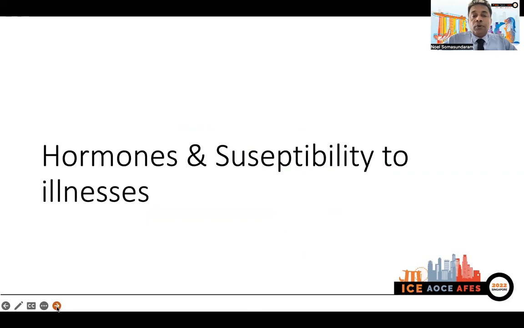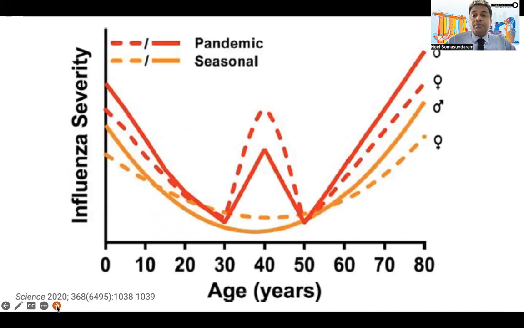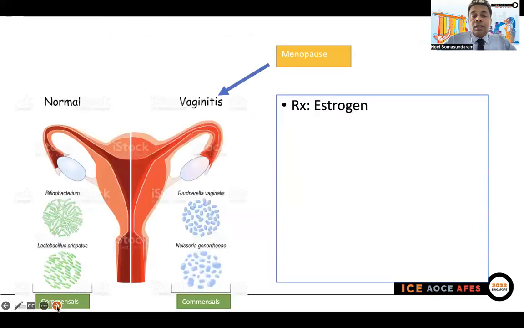Moving on to hormones and susceptibility to illnesses, we know that men are more vulnerable to, for example, influenza or COVID than women. Estrogen tends to be protective. In this cartoon, you can see that as women become menopausal, the normal bacterial flora gets replaced by other abnormal organisms like Gardnerella vaginalis, Neisseria gonorrhoeae, and other viruses that can lead to infections.